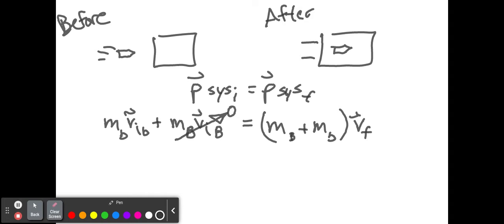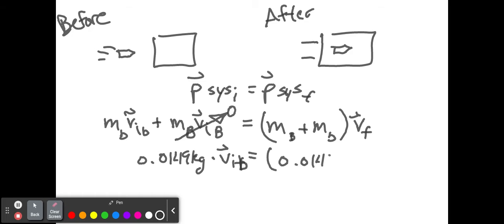Okay, and then we organize it, and we know the mass of the bullet from the question was 0.0149 kilograms, times that initial velocity of the bullet. And then our combined mass is 0.0149 kilograms plus the mass of the pendulum, which is 2.000.